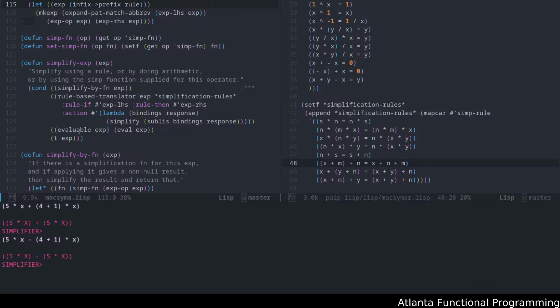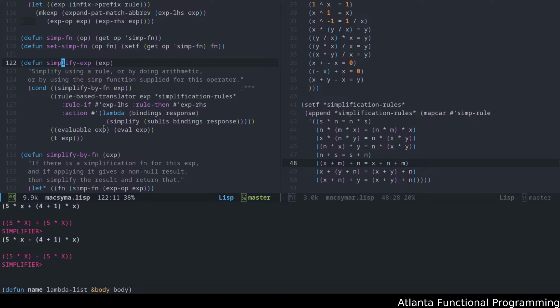We check to see if it's an evaluable expression, and if the expression is evaluated once we see, and by the way, this eval here is actually going through the expression that was provided to simplify expression, and if it's an expression that has already been in prefix form, becomes something that can be evaluated, then it will actually go ahead and evaluate it.